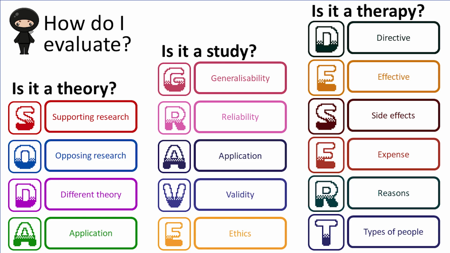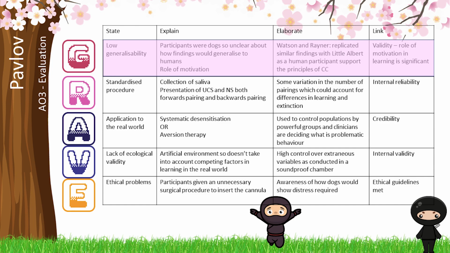So how are you going to evaluate? Well, this is a study, so we're going down that strand that looks at this being a key piece of evaluation. Here, we're thinking about having our arguments and counter-arguments in order to develop logical chains of reasoning. So if we're thinking about this in relation to generalizability, yes, we're going to be talking about there's low generalizability because these participants were dogs, but it's really important here that you go that one step further.